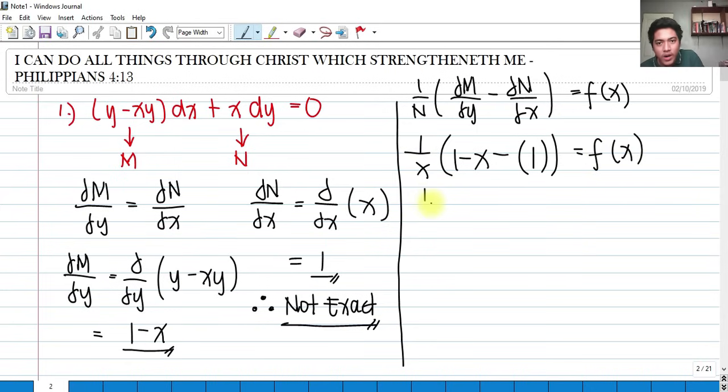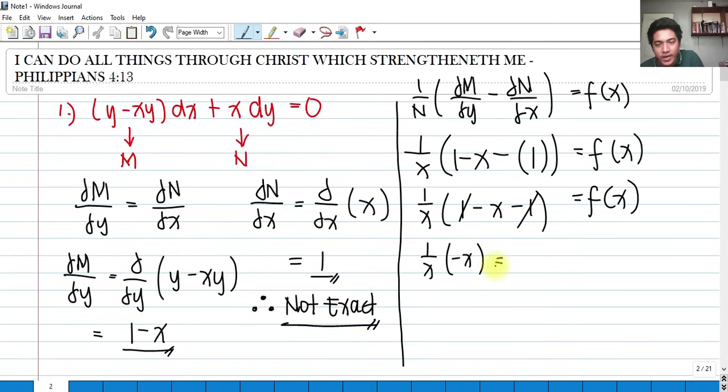If we simplify this, 1 over x times 1 minus x minus 1, the 1 minus 1 would simply cancel. That is equivalent to f of x, which should be 1 over x multiplied by negative x. In other words, we have negative x over x, that is negative 1, and that is equivalent to our f of x.